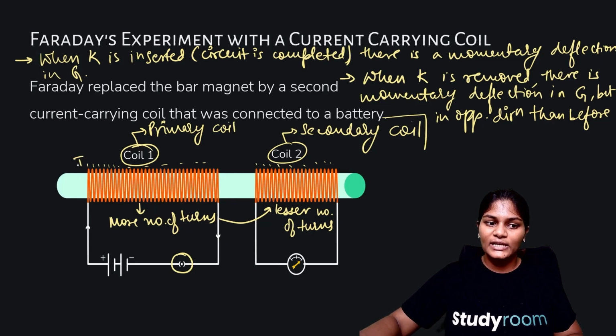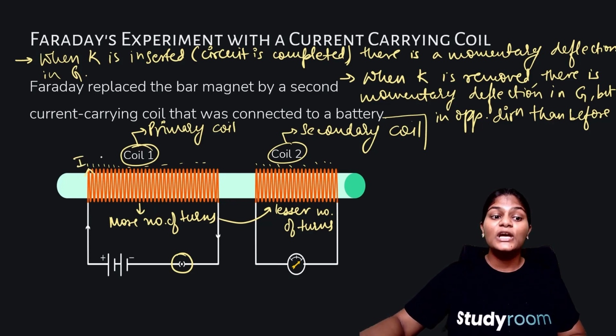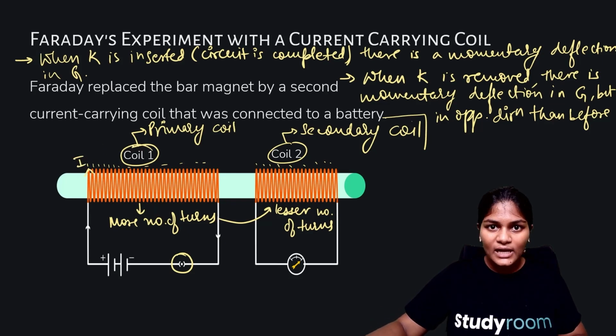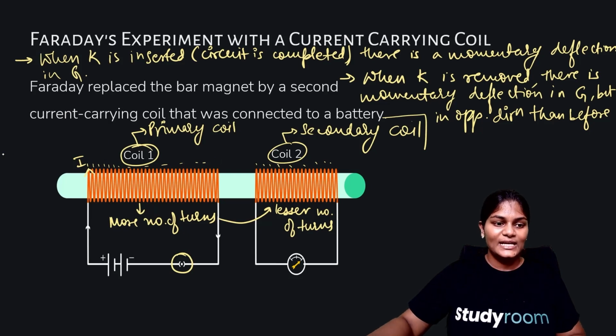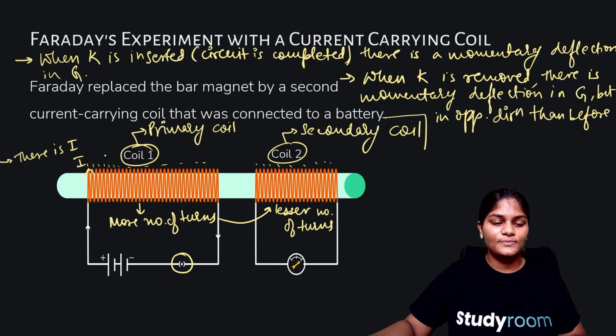There is a current I going through this coil. So there is a magnetic field around this coil, right? We write that there is current in coil 1, therefore magnetic field B. Right?